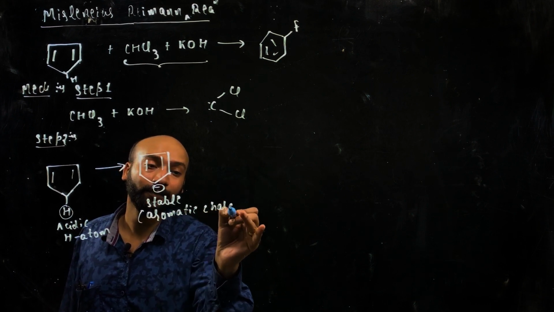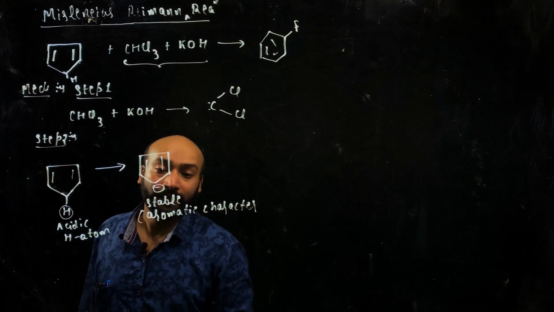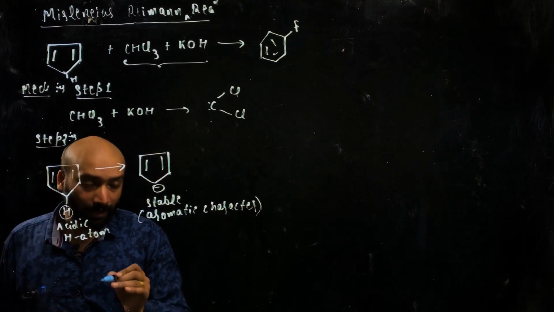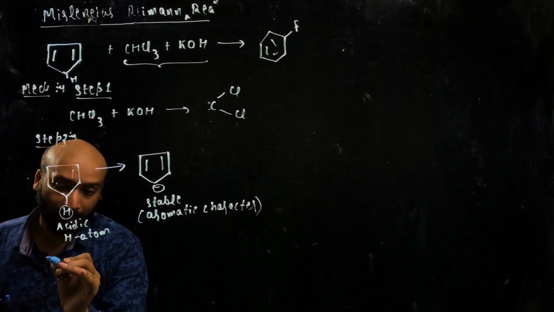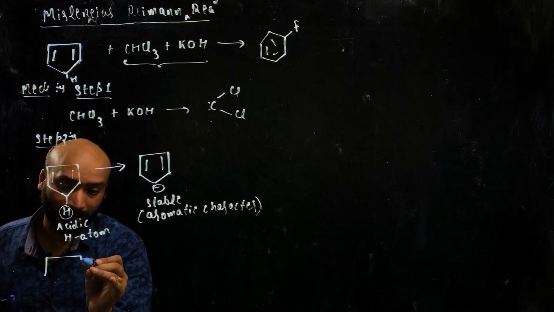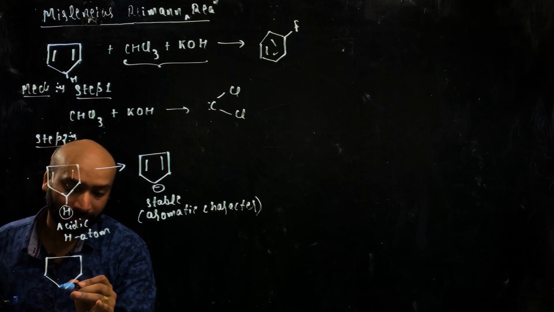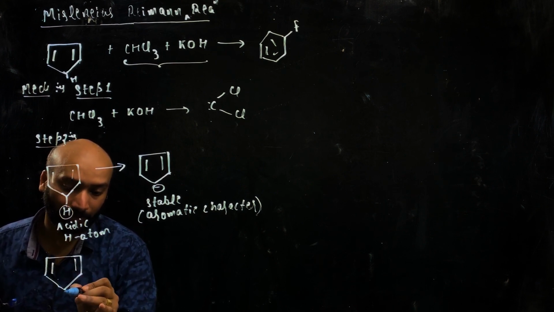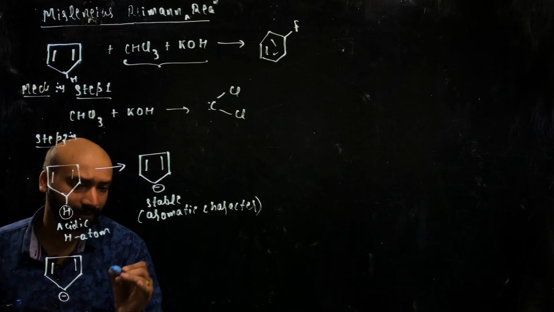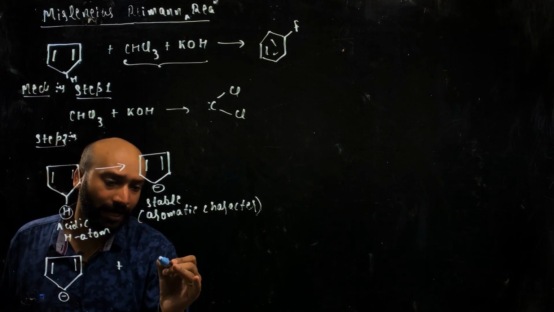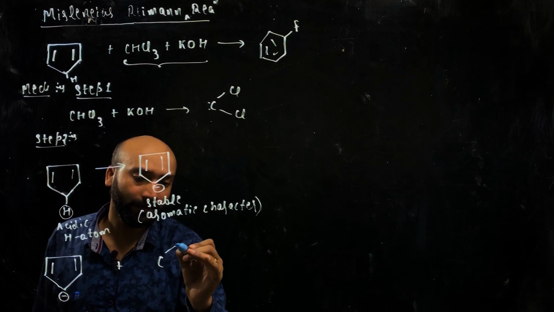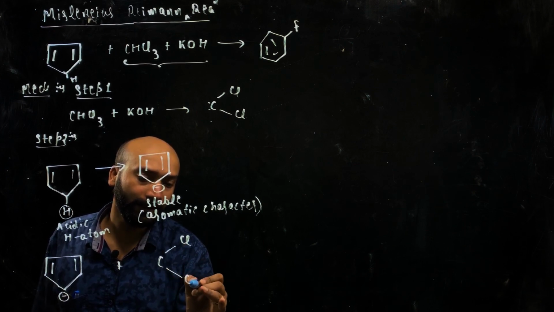How is this reaction performed? This is the aromatic character. So in this reaction, what will happen? This substrate is there, this one is the double bond, and this contains the negative charge, and here is the dichlorocarbene, which is our intermediate formed in this reaction.